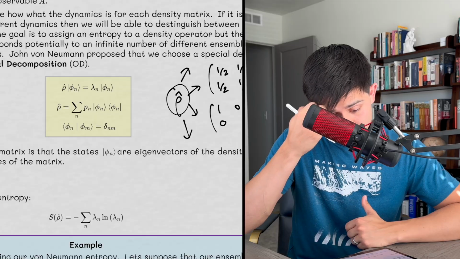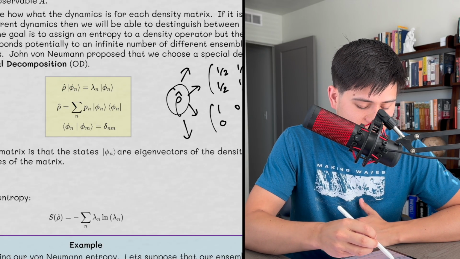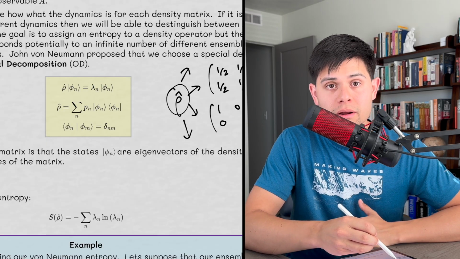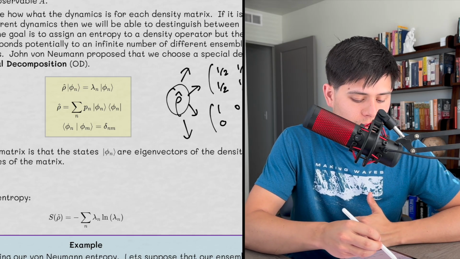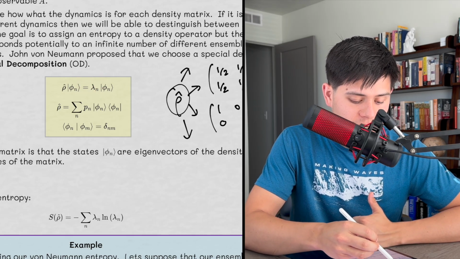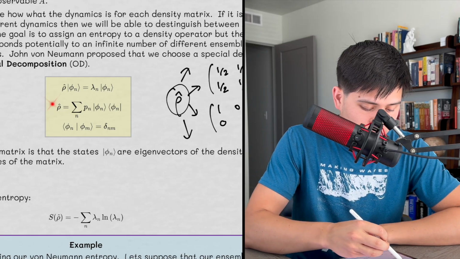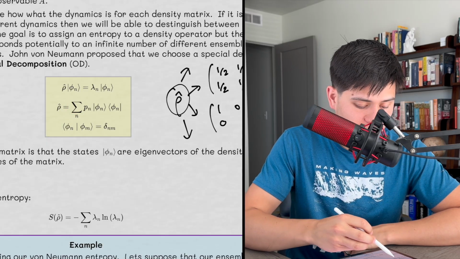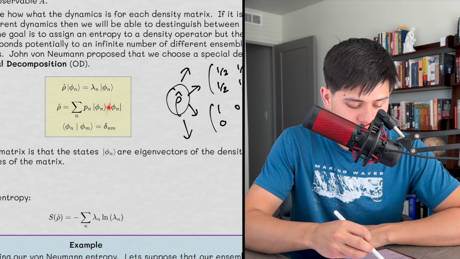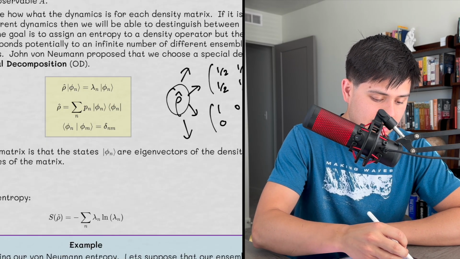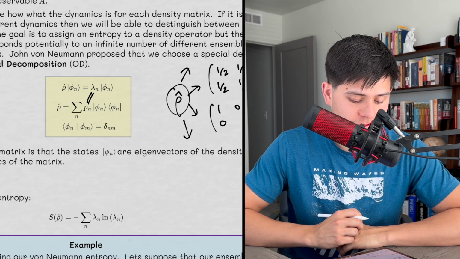And so to do this, he said, okay, rho, our density matrix, acting on some vector phi n, is equal to just some scalar number times phi n, which means that phi n is the eigenvector of rho, and the lambda here is the eigenvalue for rho. Okay, and rho can be regarded as the sum of the outer product between its eigenvectors, and we're going to say that the fraction here is going to be equal to its eigenvalue, right?